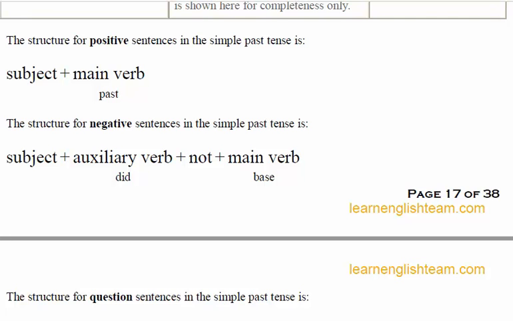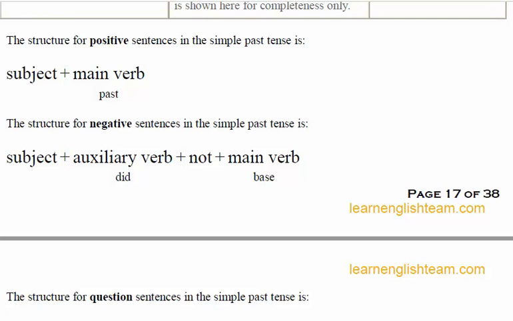And what is the structure for the negative sentence? Subject, auxiliary verb did. This is an addition, student. Auxiliary verb did is used with the main verb, which is known as your base. Keep in mind, the word base is used here, but in the positive sentence the word past is used. What does this mean? It means the auxiliary verb did completes the meaning of past.